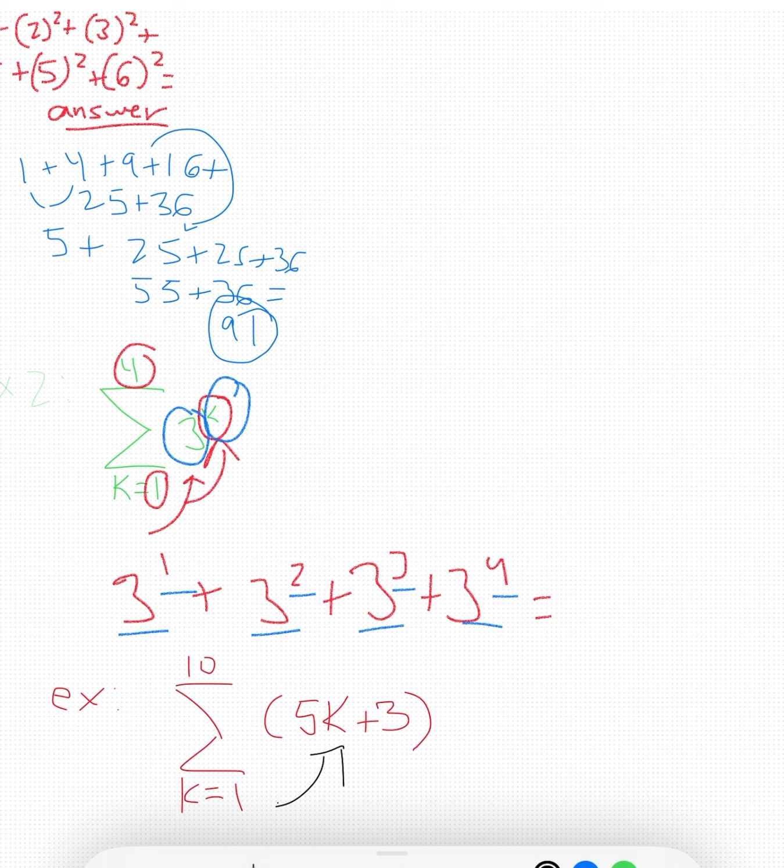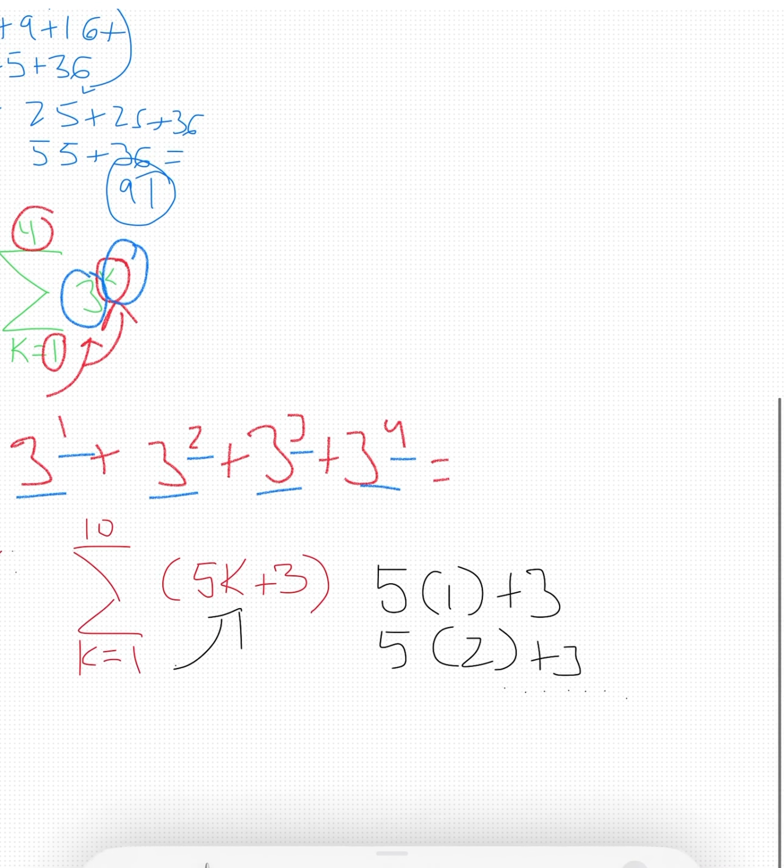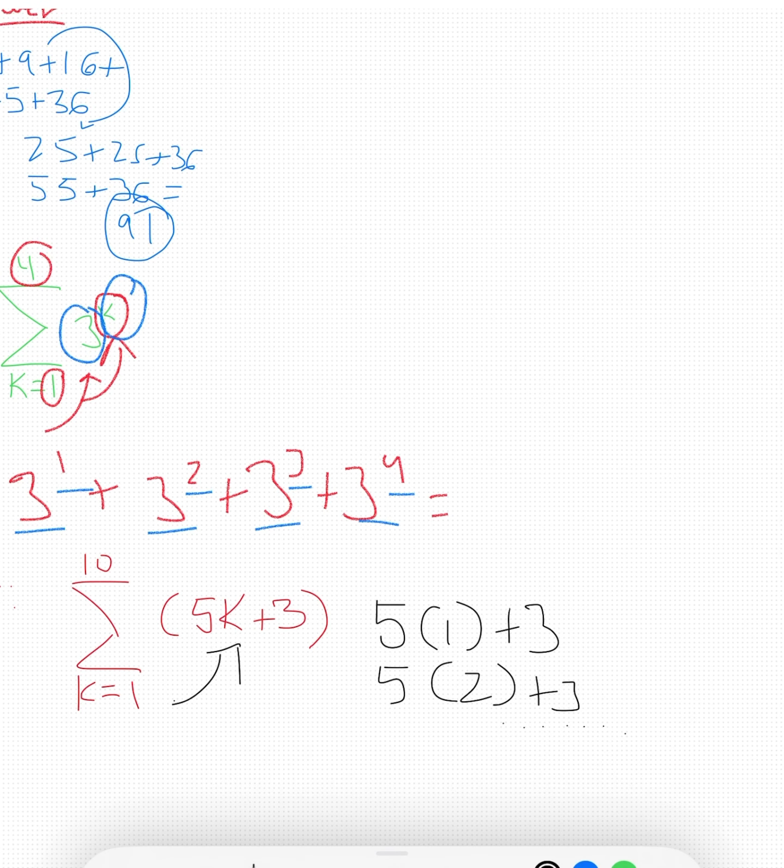So our first term will look like this. Okay, and then so on, it'll be 2, and then it'll go down all the way to 5, and then 10. That's it, okay? And that's going to give you your answer.